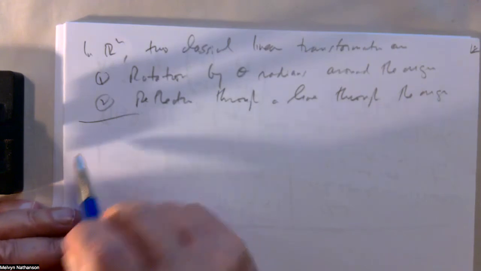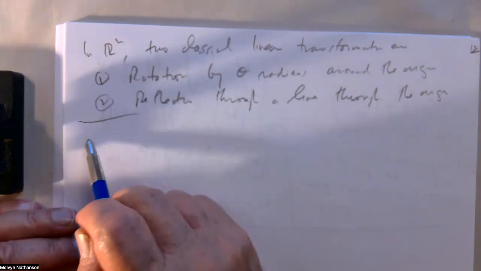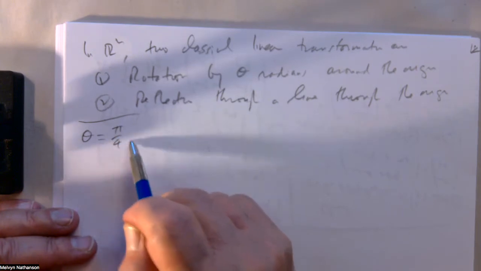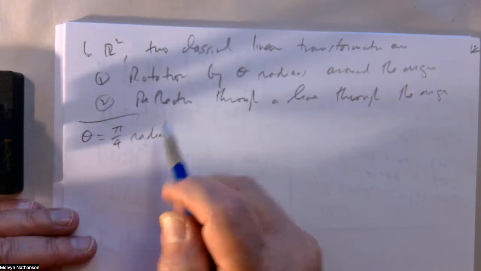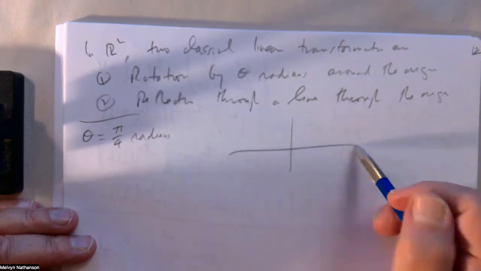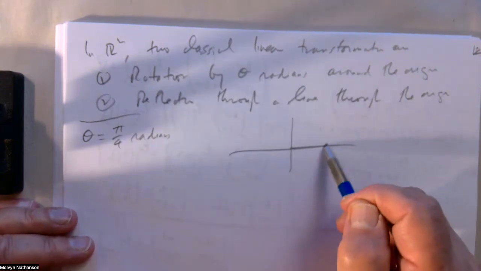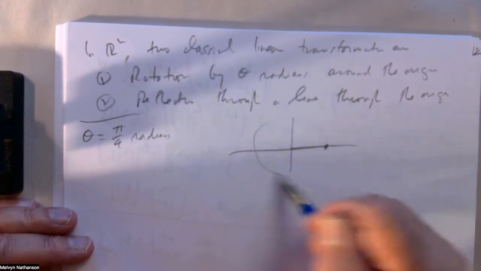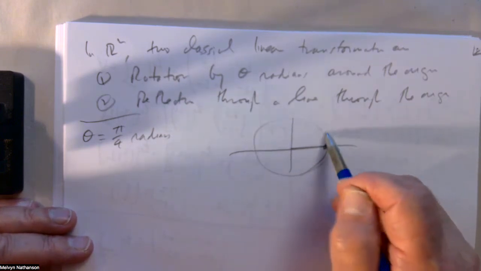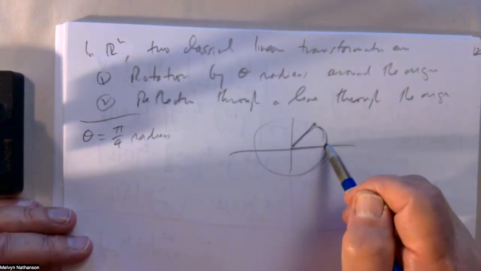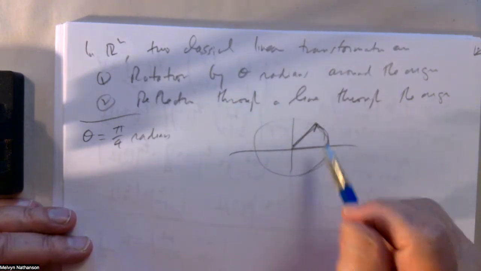So what's an example of a rotation by theta? Suppose we let theta, for example, be pi over 4 radians. So if you take any vector, right here you take this vector, take the circle. If you rotate this vector by pi over 4 radians, 45 degrees, this vector ends up over there.